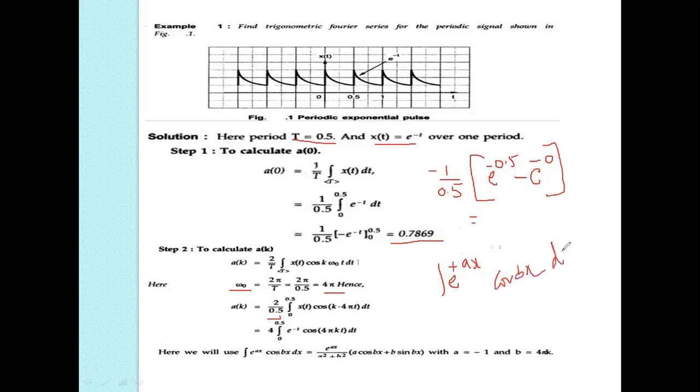This is a formula we know: the integral of e power ax cos bx dx is e power ax by a square plus b square, into a cos bx plus b sin bx. Here a is minus 1 and b is 4 pi k. Why? The t is the x here, since we are applying the integral with respect to time. The t value is x, a is minus 1 and b is 4 pi k.